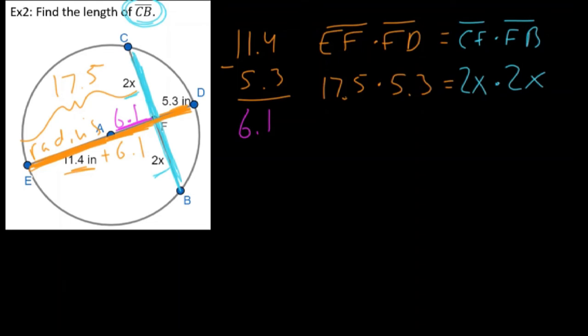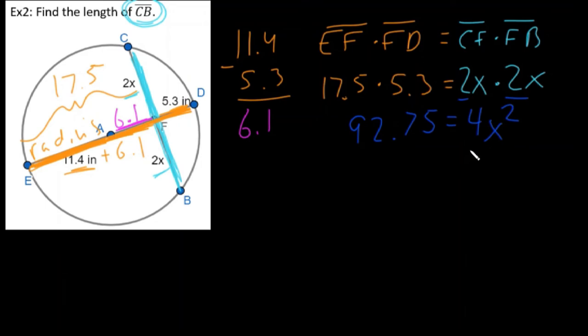Now, at this point, let me go ahead and just start by consolidating all my colors so I can blend together one equation. And we'll say this, 17.5 times 5.3 will give us 92.75, which will be equal to, and here I know that 2x times 2x, well, we start by saying 2 times 2, which is 4, and x times x, which gives us x squared.